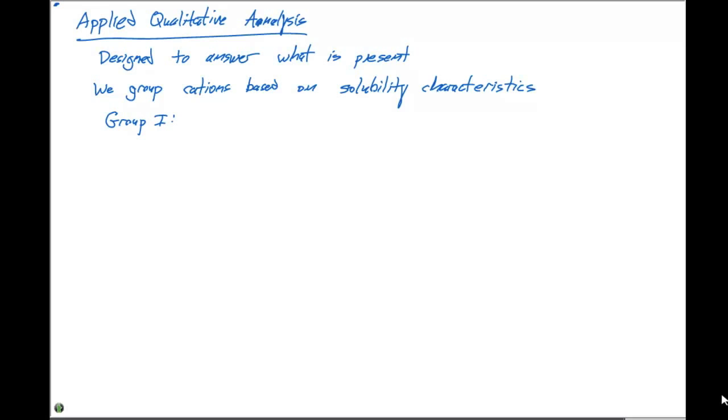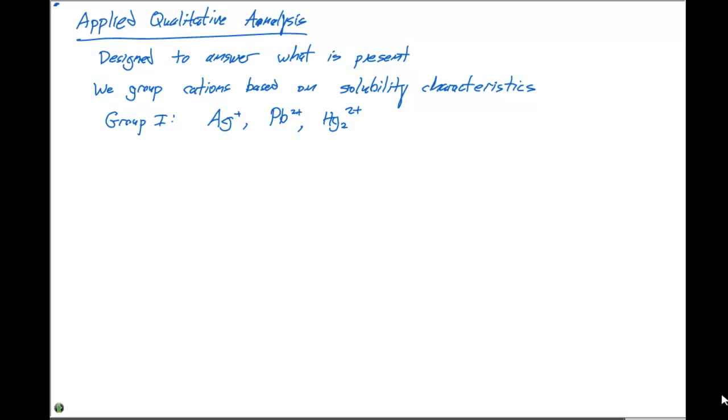Group 1 contains 3 cations. Those 3 cations are silver plus, lead 2 plus, and mercury 2 plus, which is Hg2 2 plus.